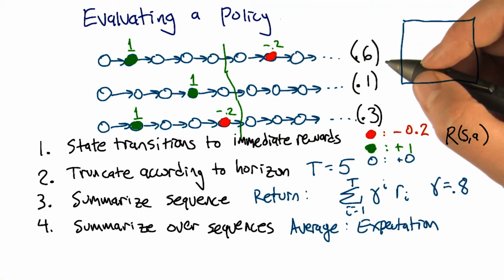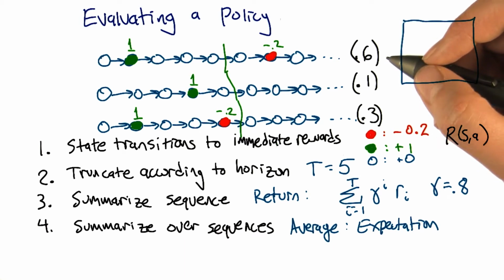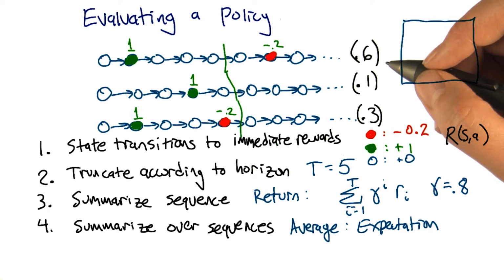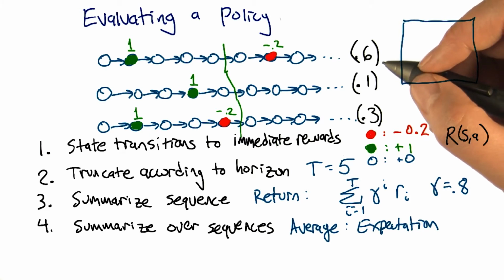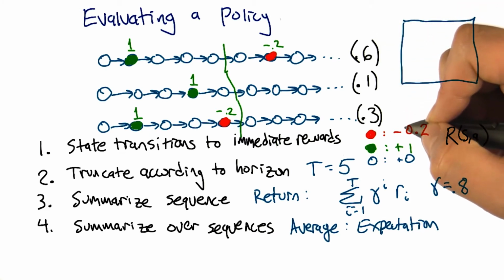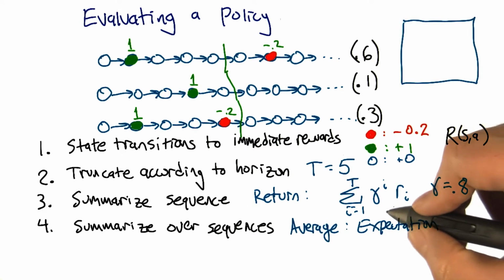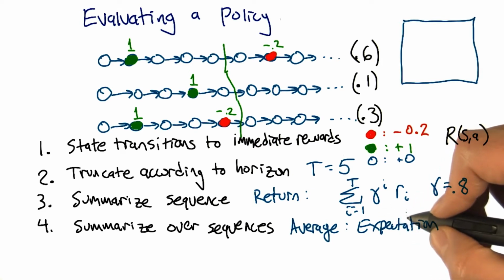So now that we've done the truncating, I just need to summarize each of the sequences in turn. So I know that whatever I would get for the first value would be 0.8 to the 0, or to the 1. Where are we starting from? That's another good question. That's going to change the answer depending on how people interpret that.